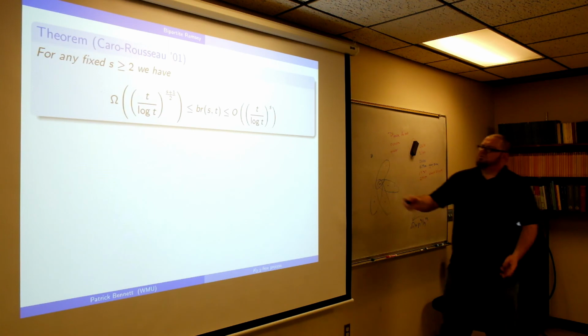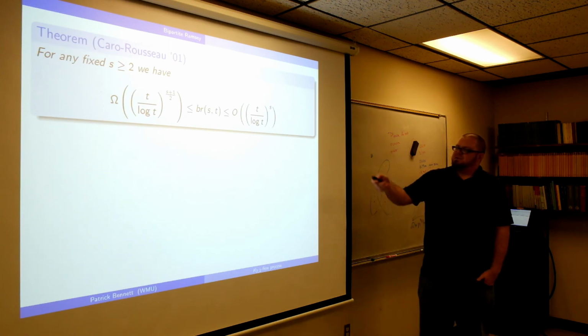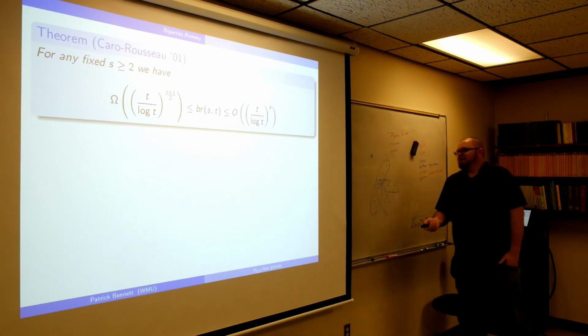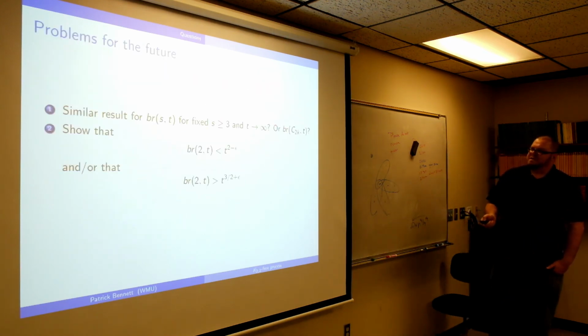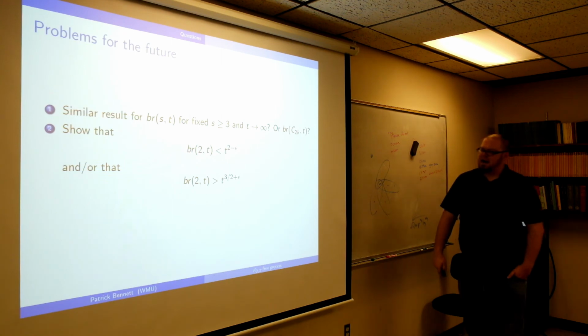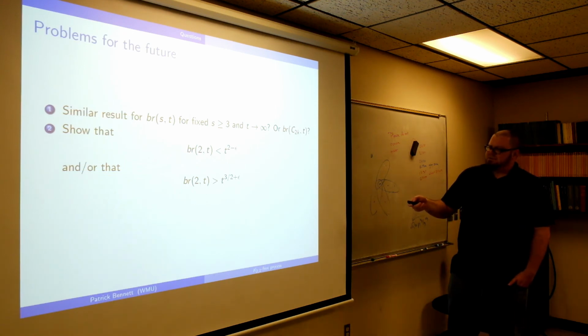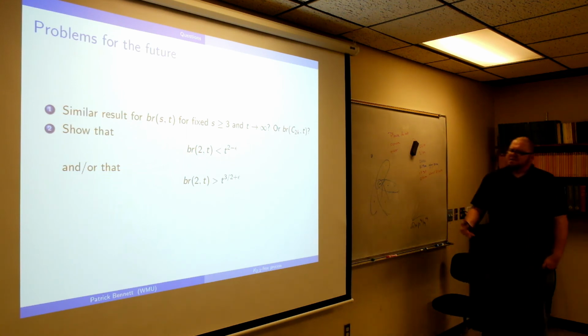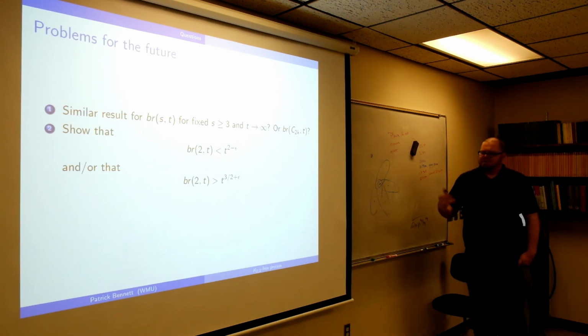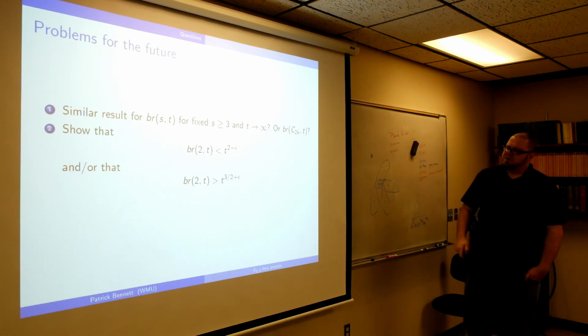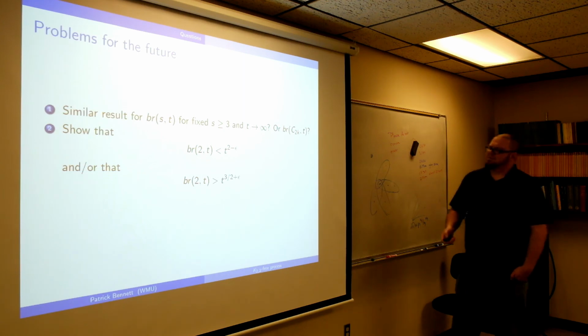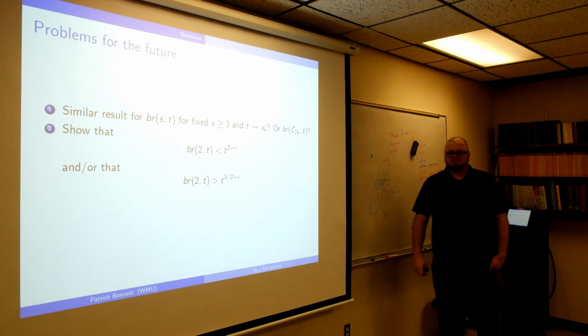So when s is 2, if you ignore the logs, we're in between t to the 3/2 and t squared, and shaving off logs really isn't putting a dent in any of that. So what we'd really like to do is improve either of these powers of t. And as far as I know, there isn't a strong reason to believe that either one of these in particular is the correct bound. So we'd really like to make any progress along those lines.